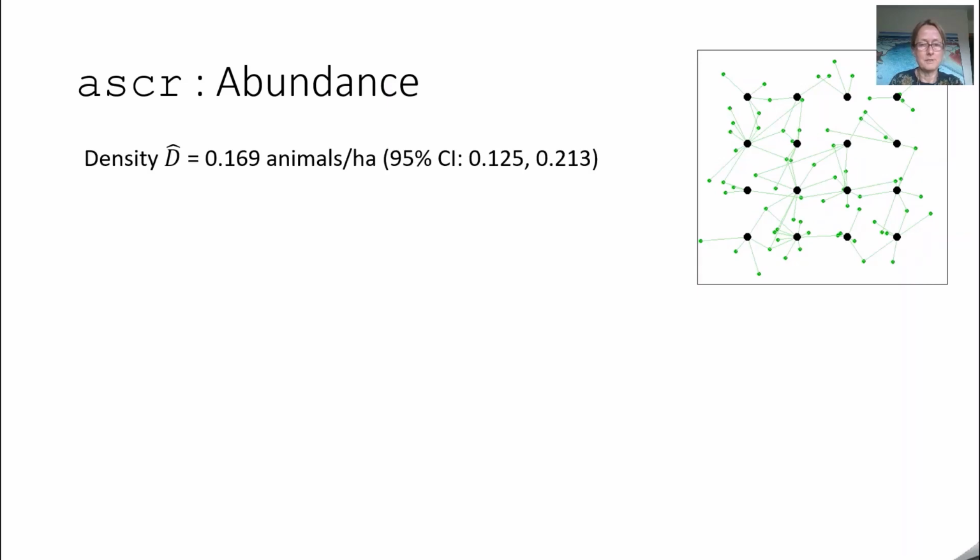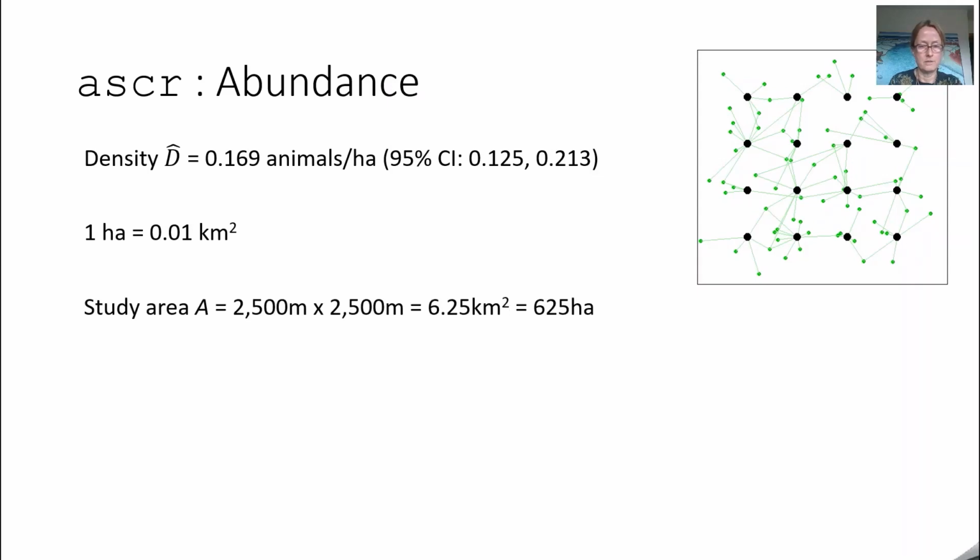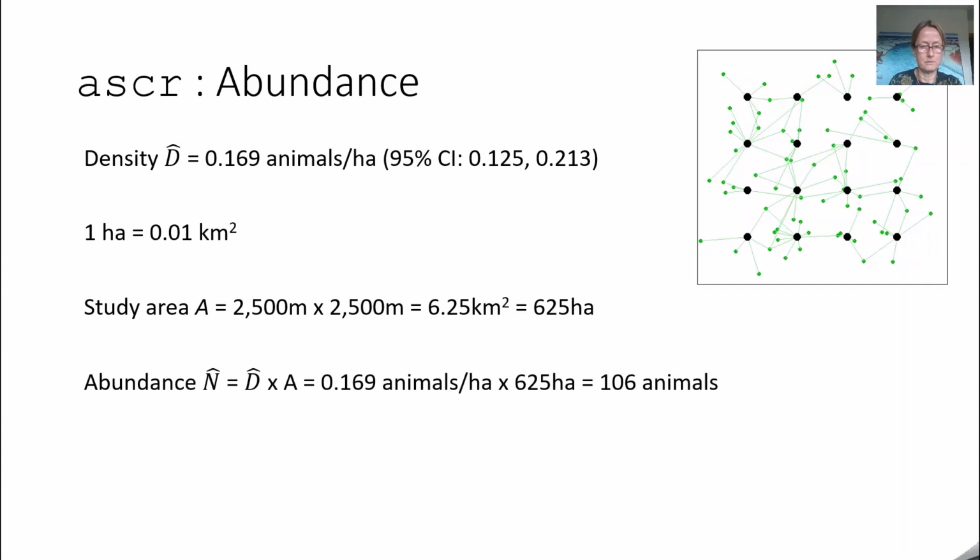Our density estimate was 0.169 animals per hectare. 1 hectare is 0.01 square kilometers. The study area was 2,500 meters squared, so 6.25 square kilometers, which equals 625 hectares.